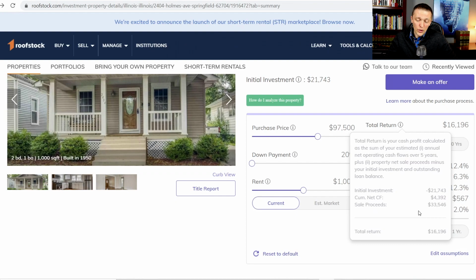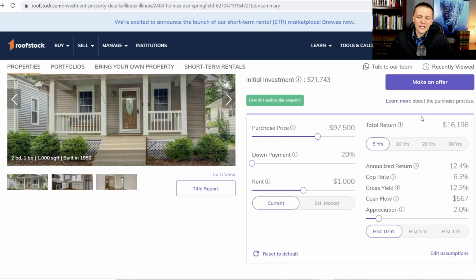And then the sale proceeds would be $33,546. So the initial investment is subtracted from the sum of these two other numbers, and that's how we get to $16,196.